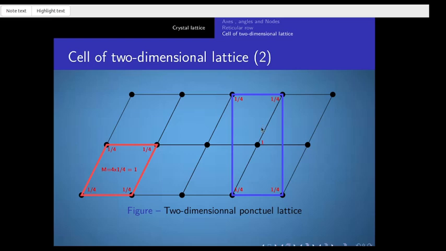And the multiplicity finally is equal to 4 vertices times 1 quarter plus 1 times 1 for this node here, and we have a multiplicity equal to 2.